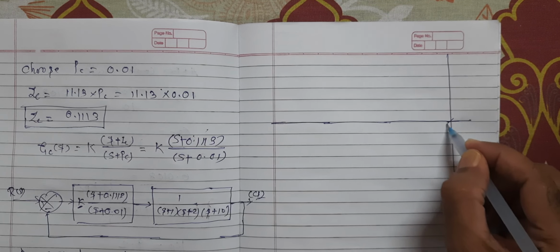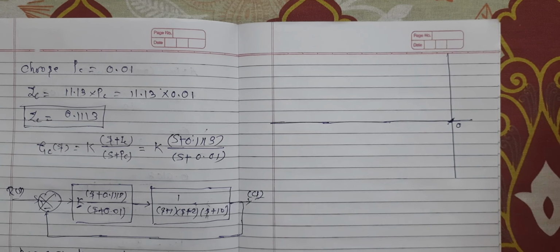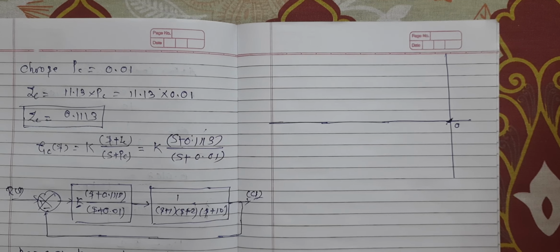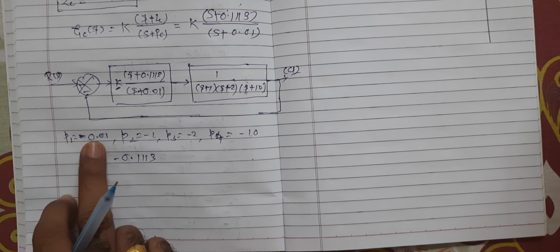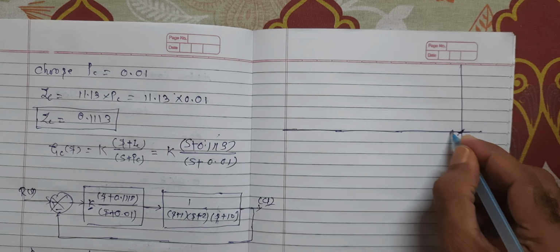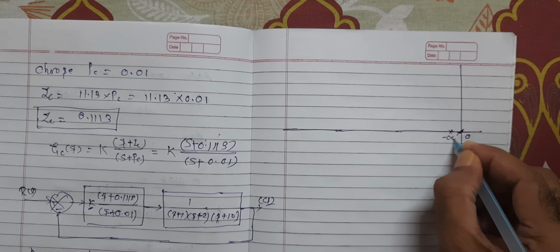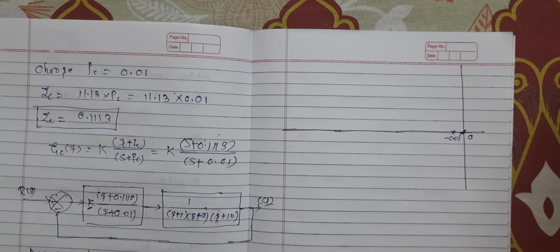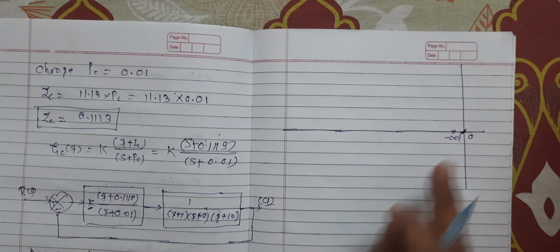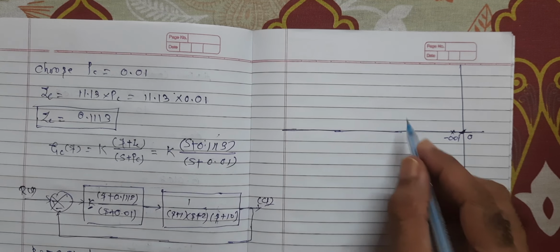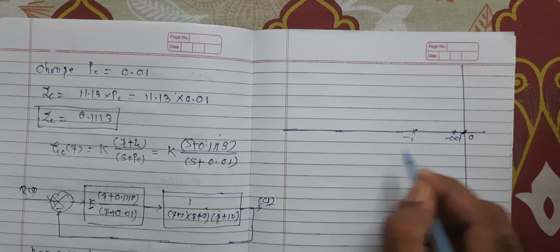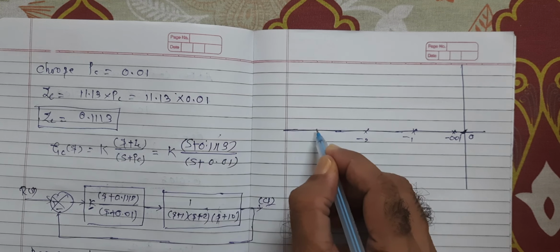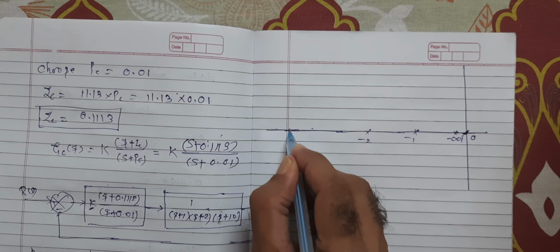Here this is my origin, and the pole is at minus 0.01, just near to the origin. Then P2 is minus 1, this is minus 2, and let's say this is minus 10.